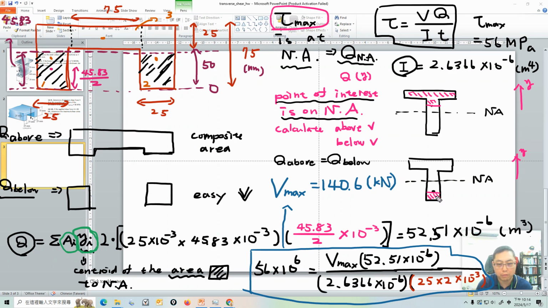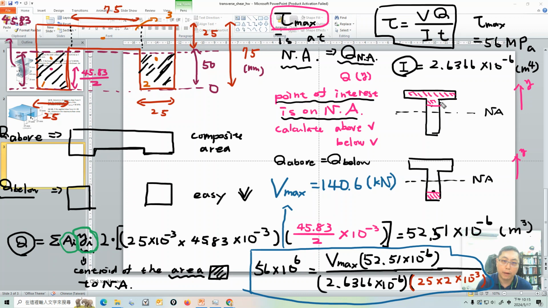If you are doing a different point of interest, your Q will be very different. You will see, for these two examples, the area is so different. In this one the area is here, in this one the area is here. The area will be very different, and they also have different distances from the centroid of the area of interest to the neutral axis.